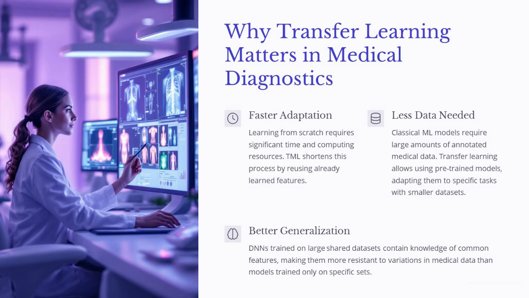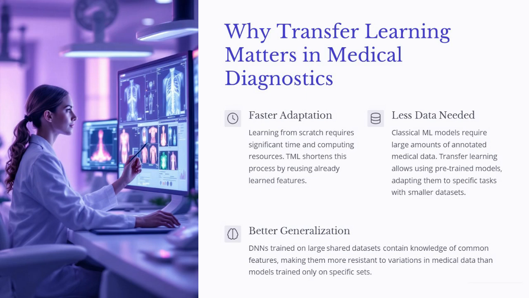And what about the better generalization? Usually transfer learning works with deep neural networks, so they are trained on large shared datasets, which contain a huge amount of knowledge about common features.